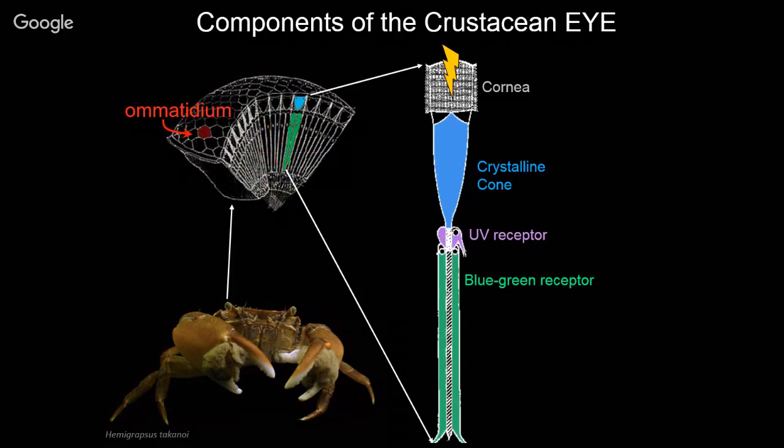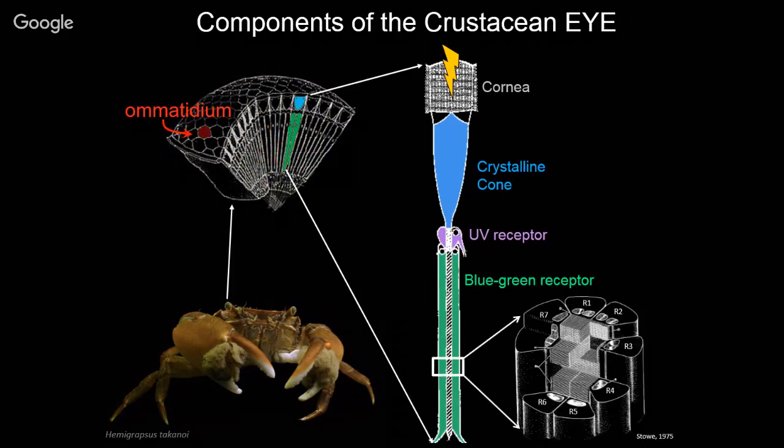That main receptor is composed of a ring of cells that project microvilli into the middle. They basically create a tube that they put a light-sensitive protein in, and that light-sensitive protein or visual pigment is what's responsible for capturing wavelengths of light.